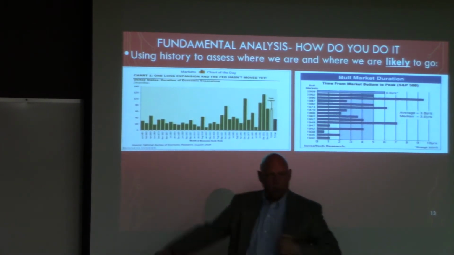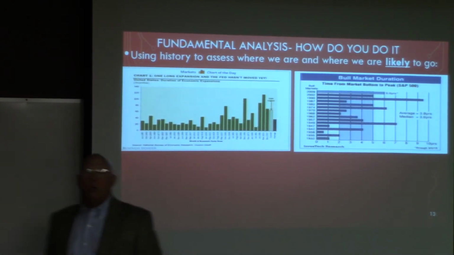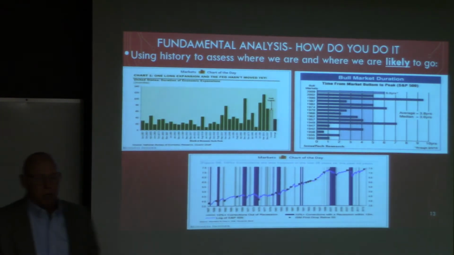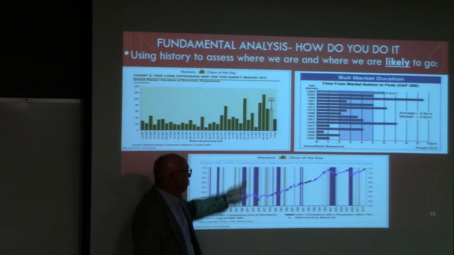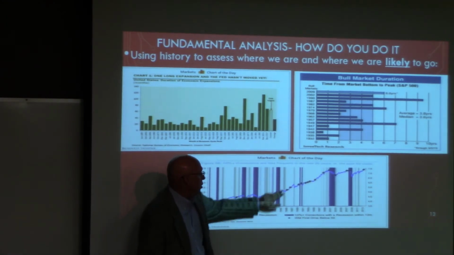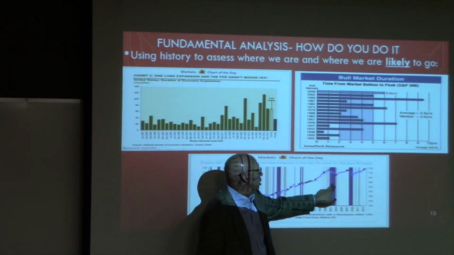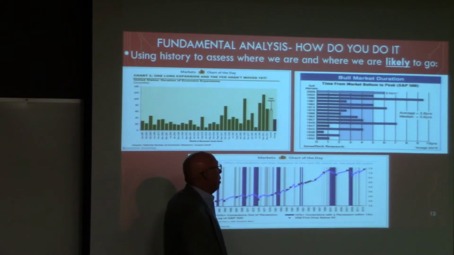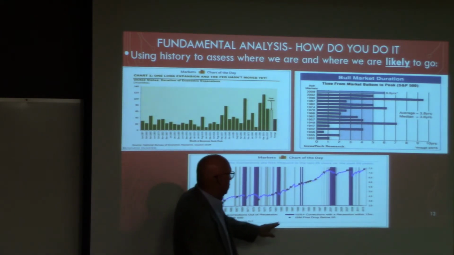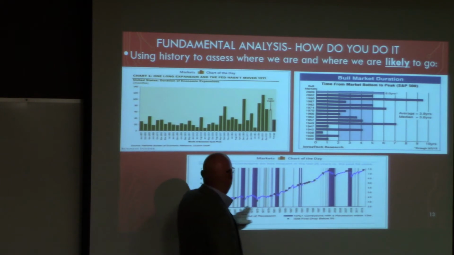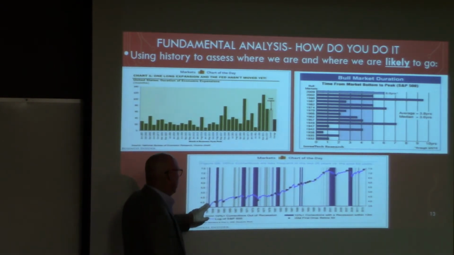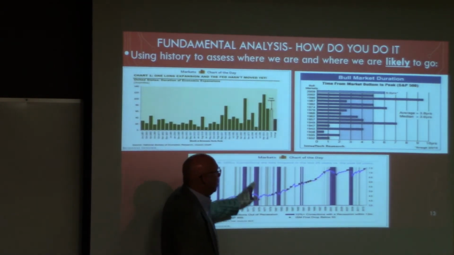We can use history to show where we are in the cycle. Lastly, these blue lines and gray lines show us bear markets, a 10% plus drop in the market. Going back to 1985 and earlier, you can see that we have many more corrections.